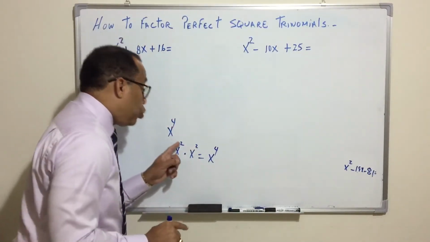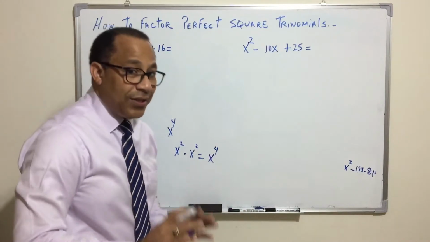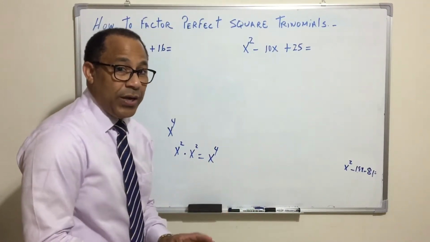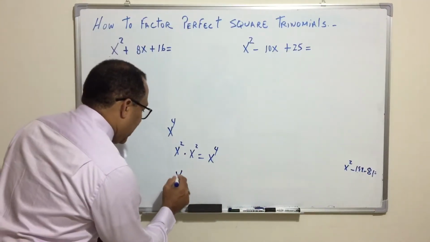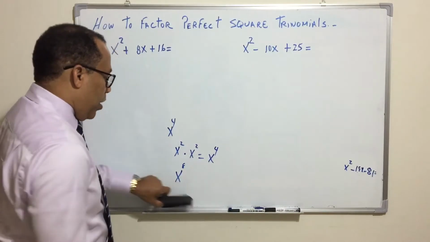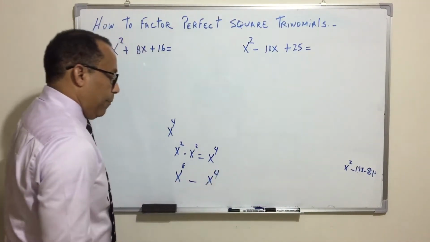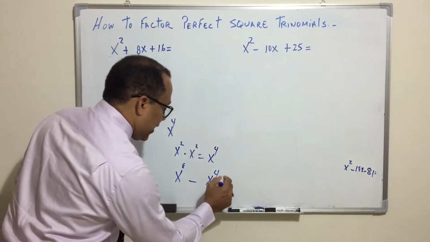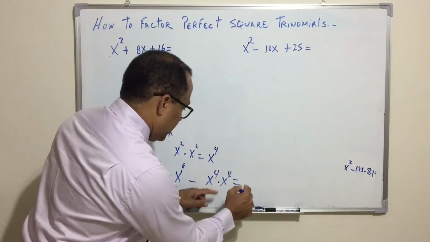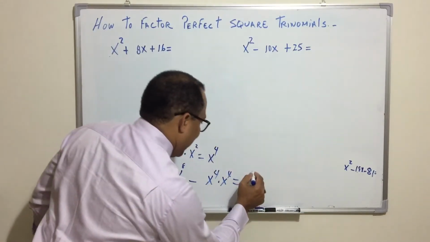This is because 2 plus 2 is 4, not because 2 times 2 is 4. In this case, we get the same result, but that's not the way it is. Example, x to the 8th, the square root of x to the 8th is x to the 4th, because x to the 4th times x to the 4th equals 1 times 1 is 1, x 4 plus 4 is 8.